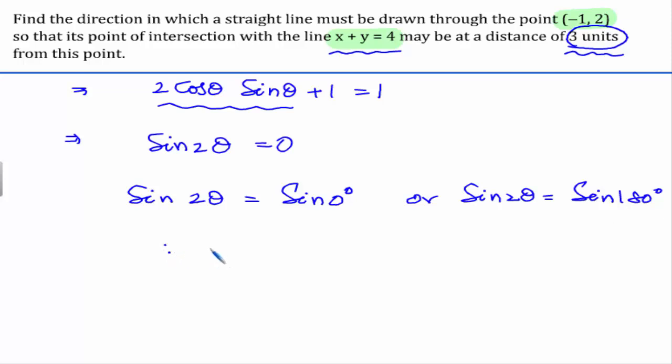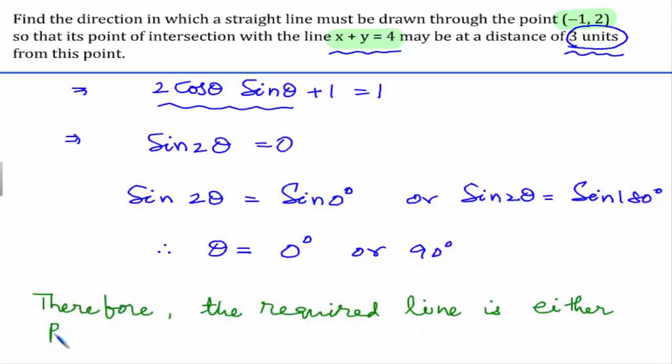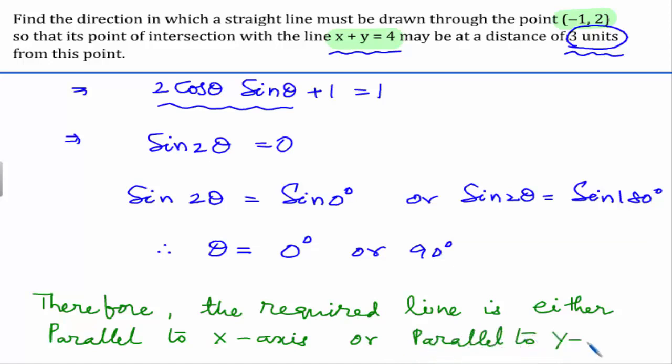So therefore theta is equal to 0 degrees or 90 degrees. Therefore the required line is either parallel to x-axis because it is 0 degrees, or parallel to y-axis because it is making 90 degrees.